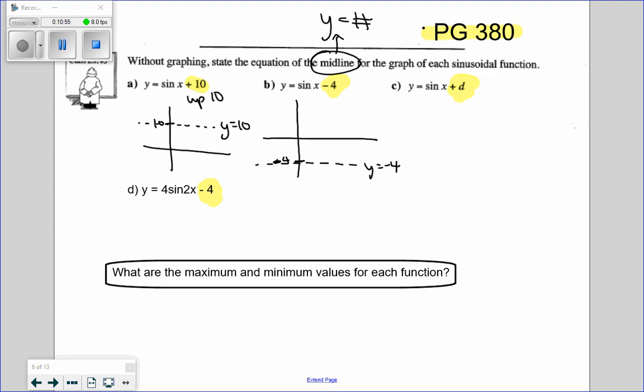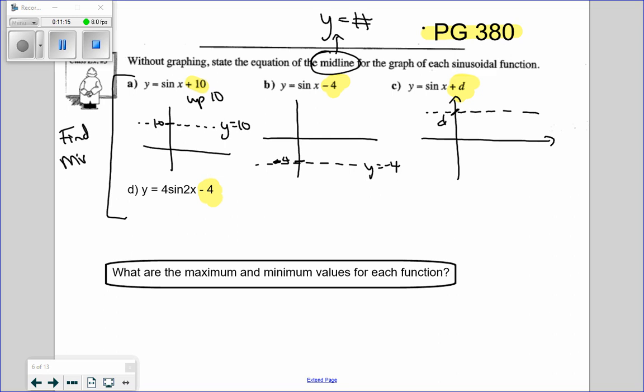Here, midline plus d. So that means the midline is up here at positive d. So when we deal with the midline, it's always the very first thing you do.